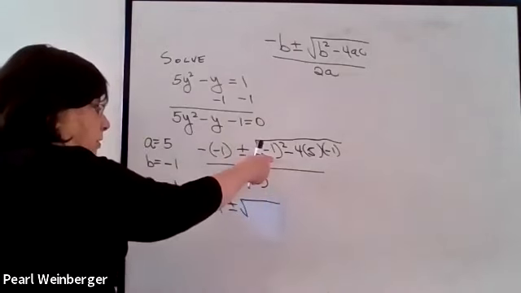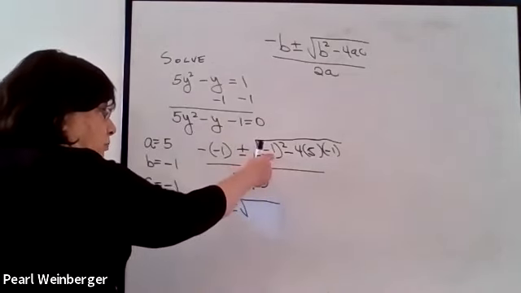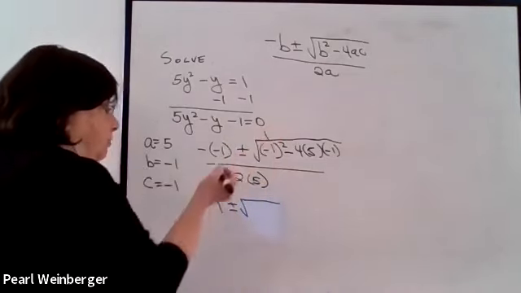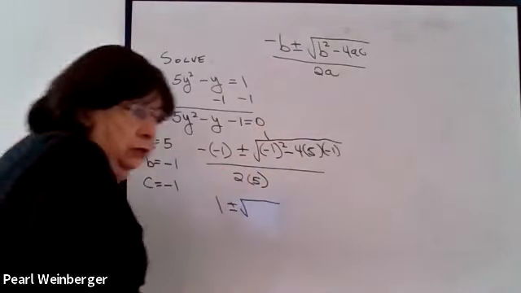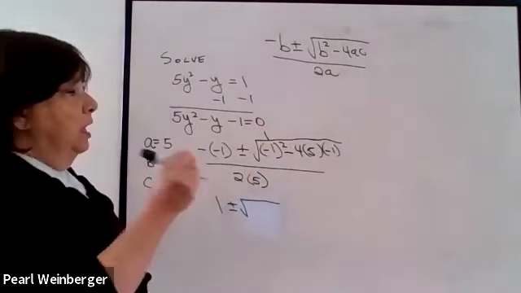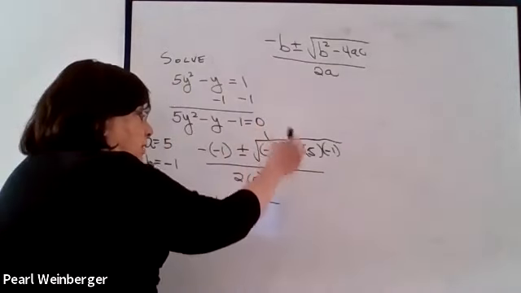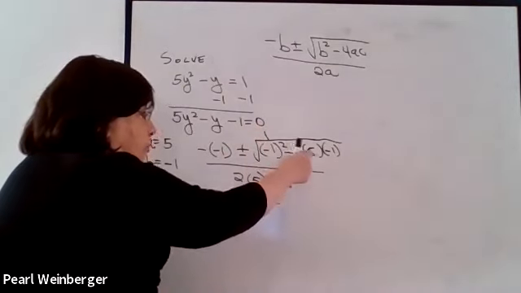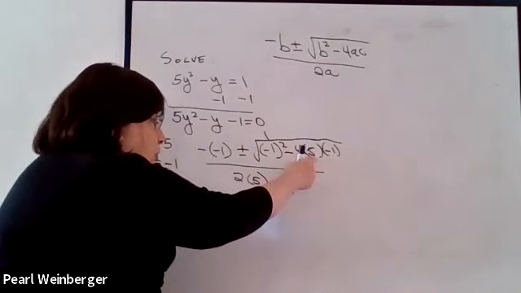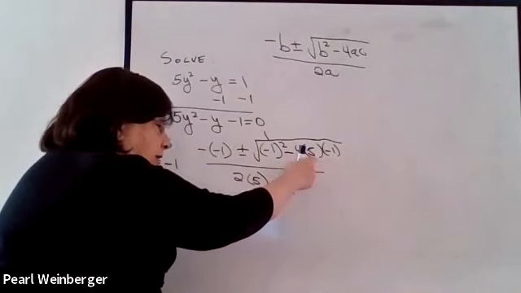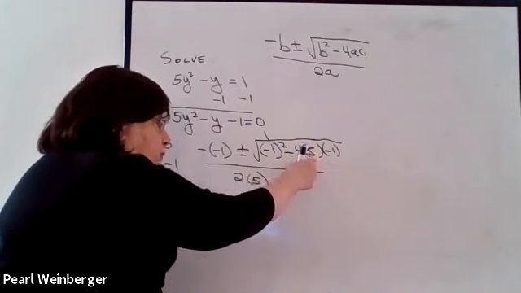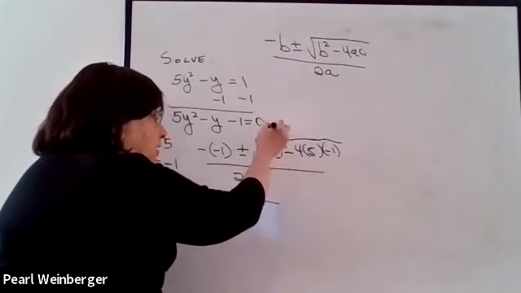Negative 1 squared is a positive 1. Negative 1 times negative 1 is positive 1. Don't forget, you're squaring a negative number, it will come out positive. Then we're going to have negative 4 times 5, which is negative 20. And negative 20 times negative 1 is plus 20.